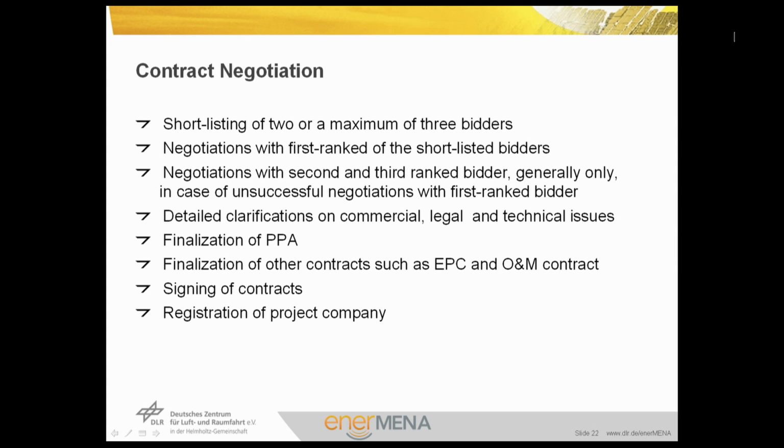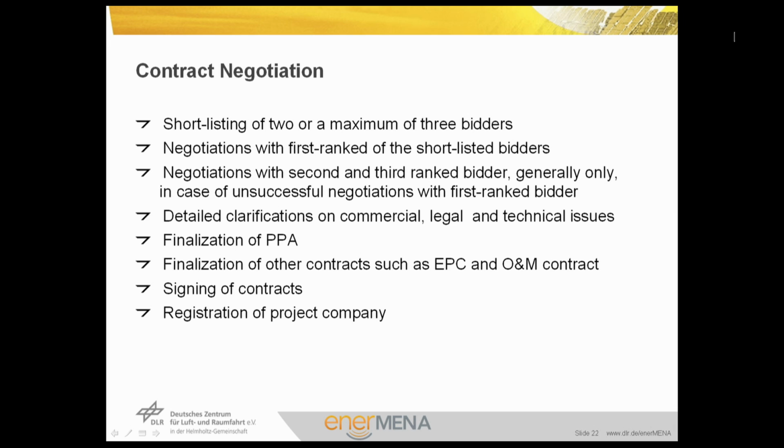The last slide of this lecture gives an overview about the contract negotiation. The ranking procedure ends up in a short listing of 2 or a maximum of 3 bidders. Negotiation with first ranked of the shortlisted bidders takes normally place, and we keep the second and third bidders in case of unsuccessful negotiations with the first ranked bidder.